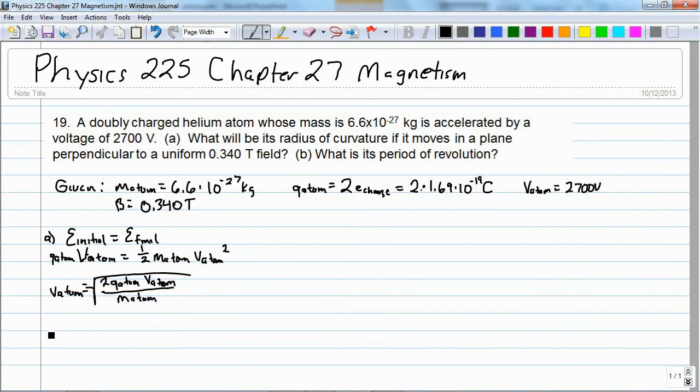Now, the force is going to be maximum because it says it's perpendicular to the field. So that's just going to be equal to Q of the atom times the velocity of the atom times the magnetic field.